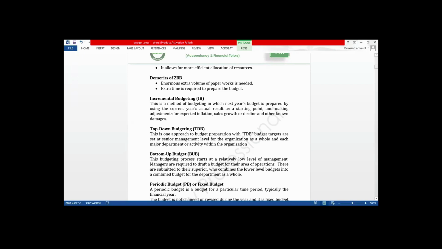Where cash surplus is projected, then it is the duty of the company's management to determine how to invest. Let me repeat that point. If you prepare your cash budget and your cash budget shows that in May there will be cash surplus, it is the duty of the company's management to determine how to invest the cash surplus on a temporary basis.